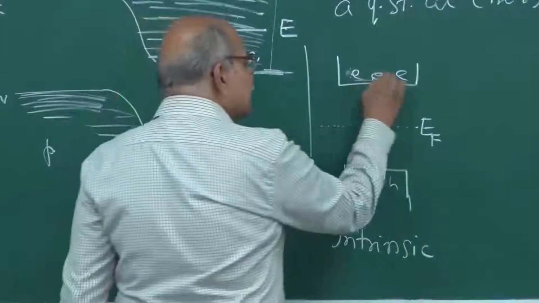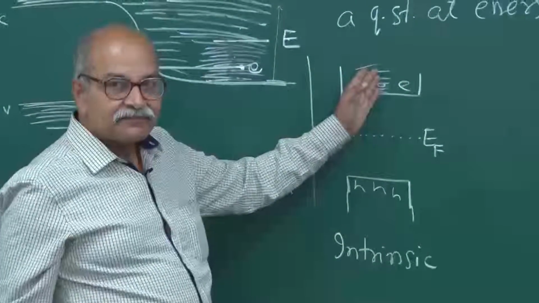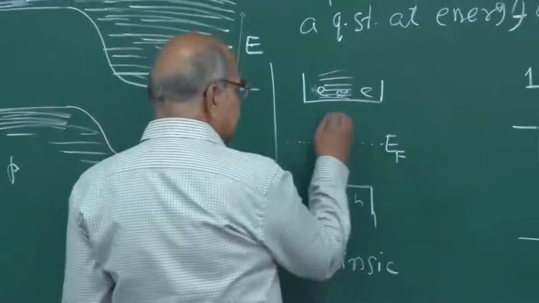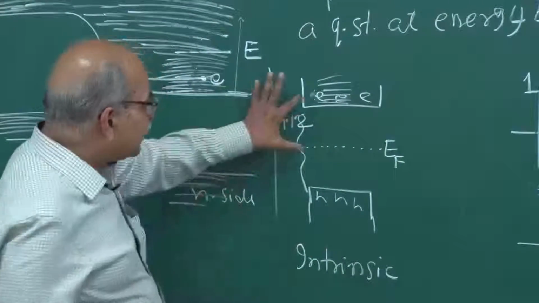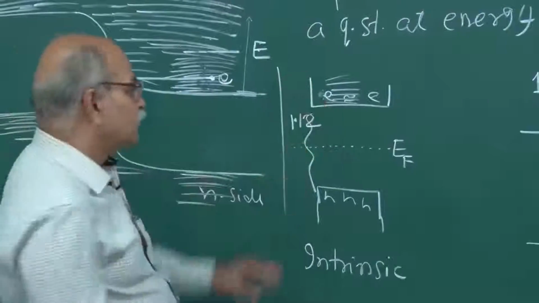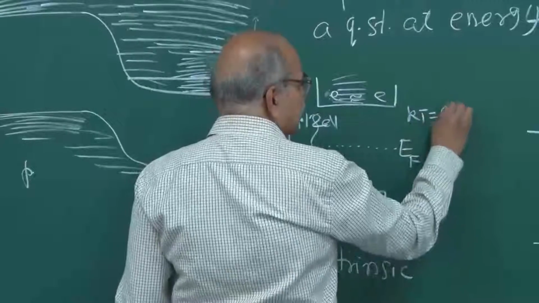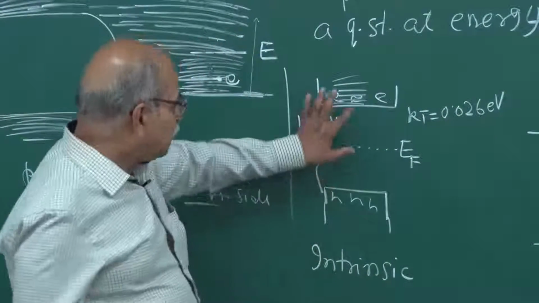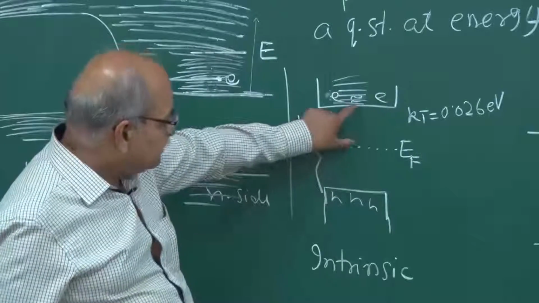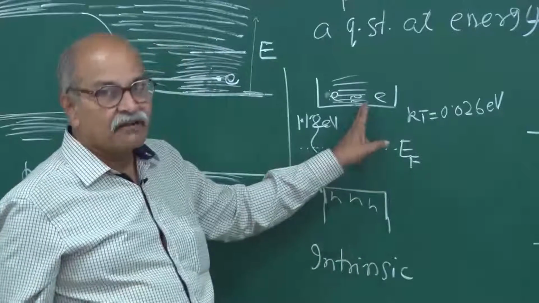So these quantum states are also far away from here. Far away means, for silicon, for example, this gap is 1.12 eV, so half the gap will be 0.56 electron volts, and kT at room temperature is 0.026 eV. So this is 0.56 eV and this is 0.026 eV. So it's far away.